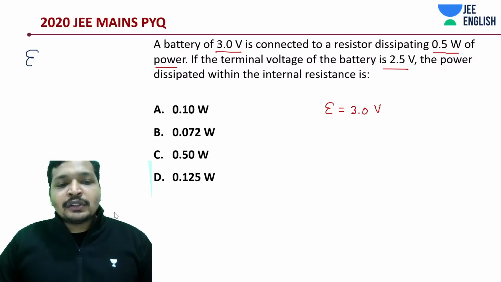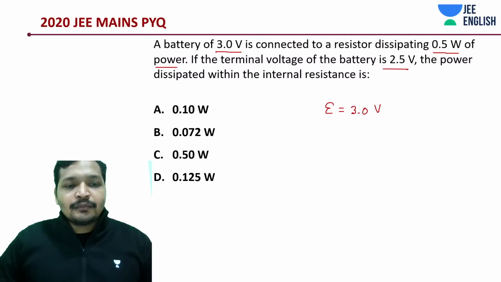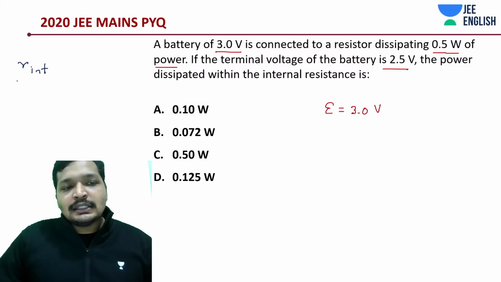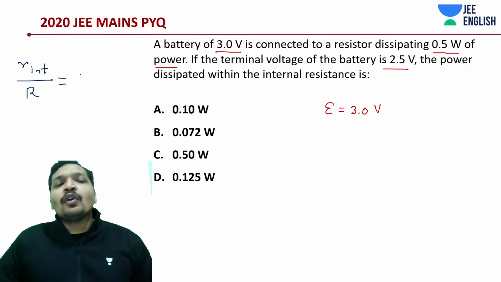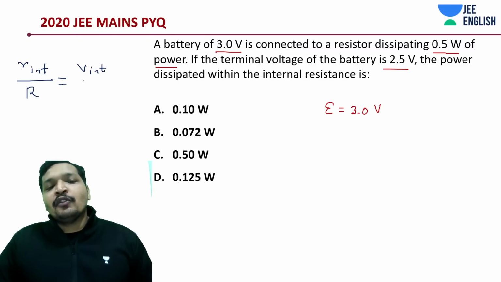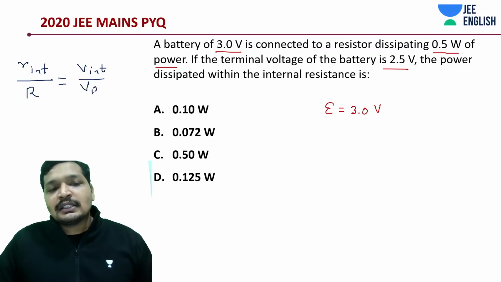Okay, what I am going to say is the potential drop across internal resistance and that of external resistance is proportional to the voltage dropping across them. How much ever is the voltage drop in the internal resistance and the external resistance.